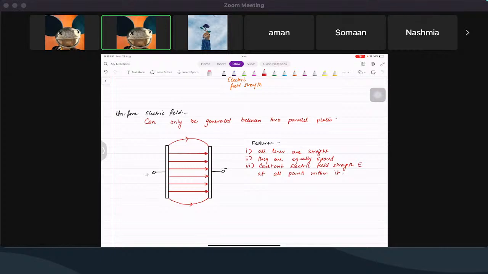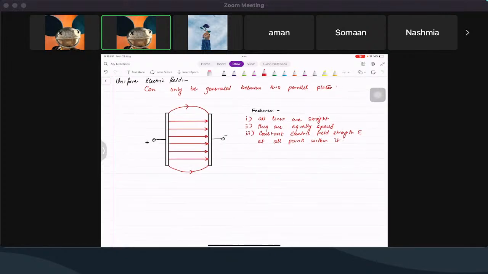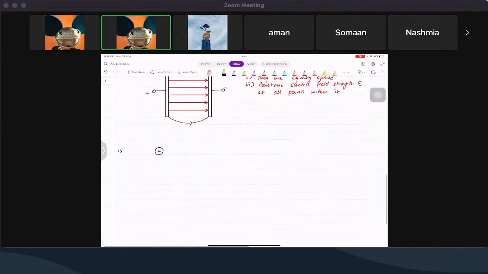Now, why am I drawing the field like this? It could be other types. For example, I'll just show you. Let's suppose a charge is positive like this, and there is a plate right here.